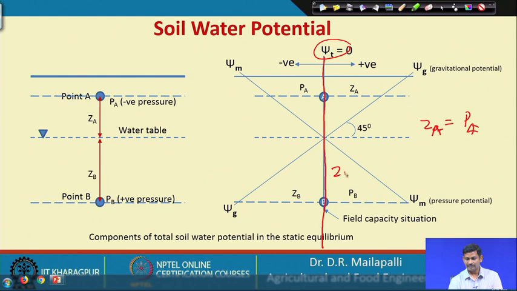Similarly, here Z B is equal to P B. This is definitely the field capacity situation, once the loose water has come out, exactly under equilibrium condition, the total potential will be 0.